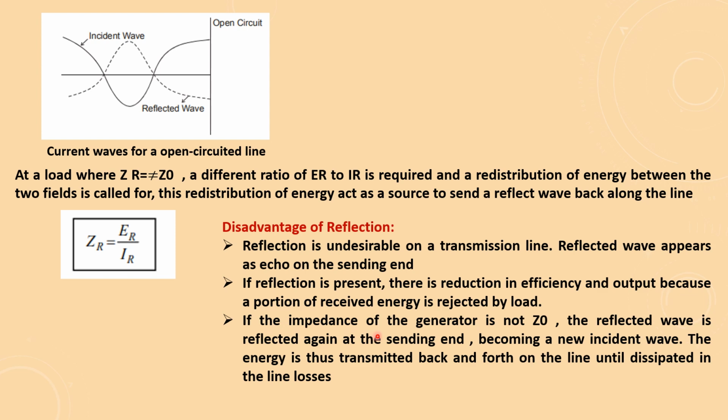And if the impedance of the generator is not equal to Z0, then the reflected wave is reflected again and again, reaches the sending end, and becomes a new incident wave. So the reflected wave is transmitted back and forth, and there will be a dissipation in the line. So this is about the reflection on a line when the transmission line is not terminated by its characteristic impedance.